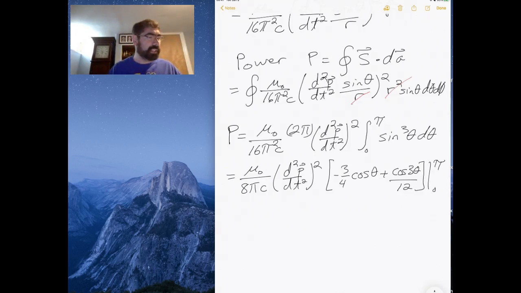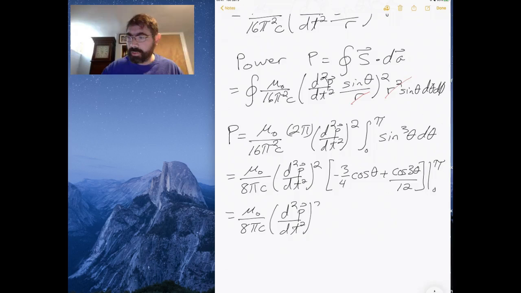Okay, so if you plug that in, what do you get? You would get 3/4 minus 1/12 plus 3/4 minus 1/12.